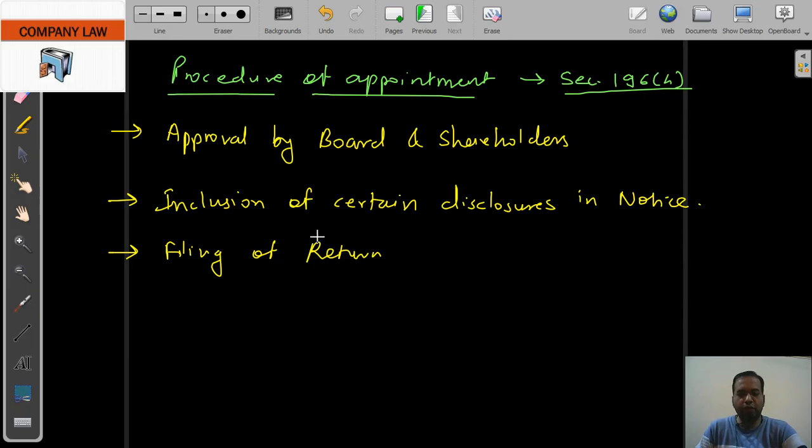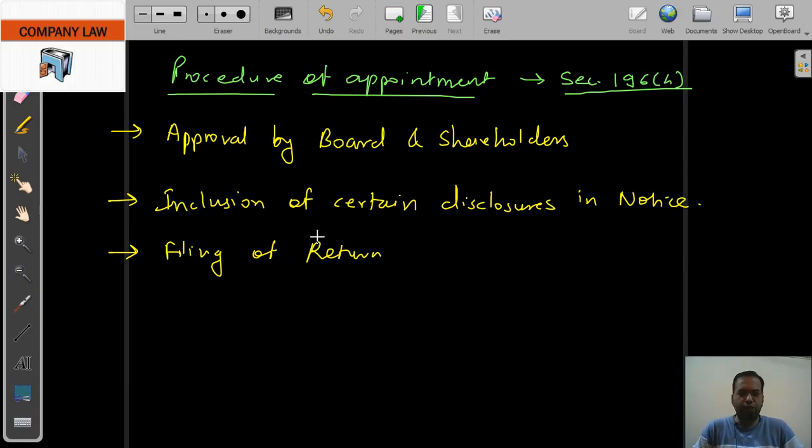So these are three important steps. First, approval of the board and shareholders will be required for the terms and conditions of the appointment of the managing director, whole-time director or manager. Then it will be taken up before the general meeting as well. Certain disclosures have to be made in the notice convening the board and the general meeting.